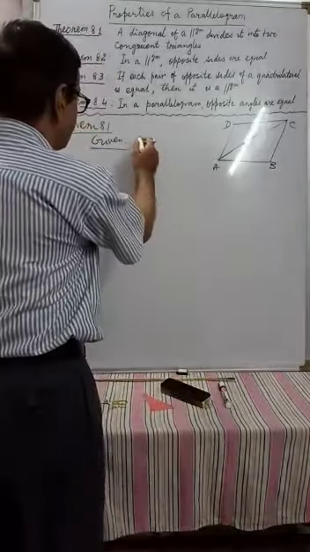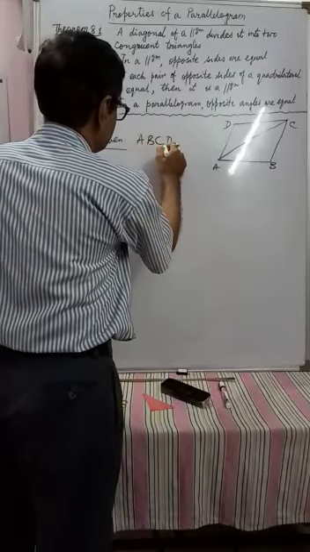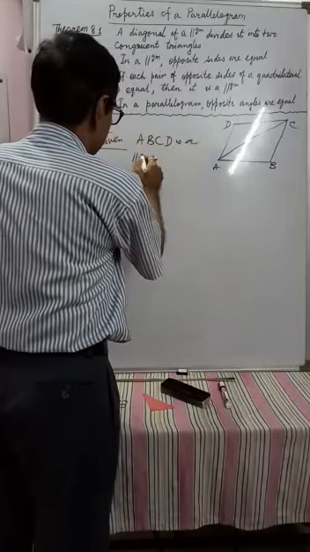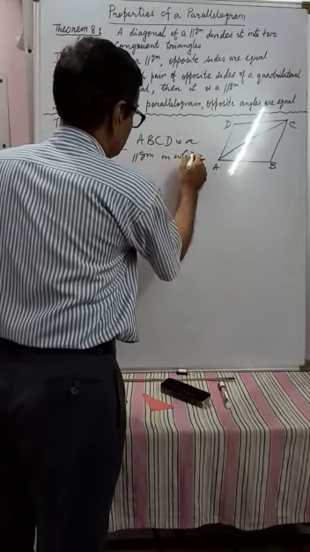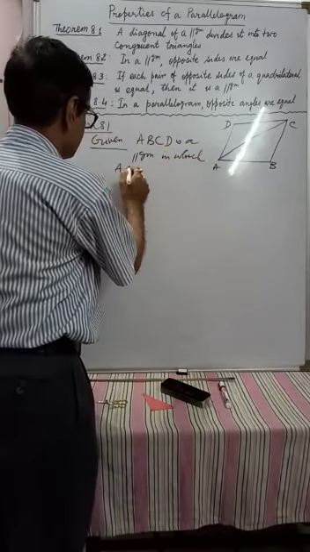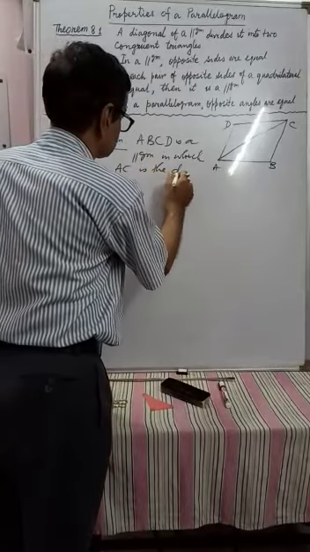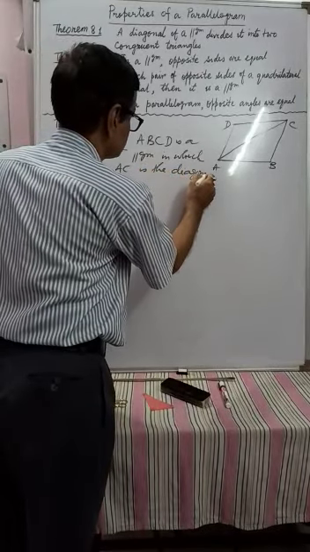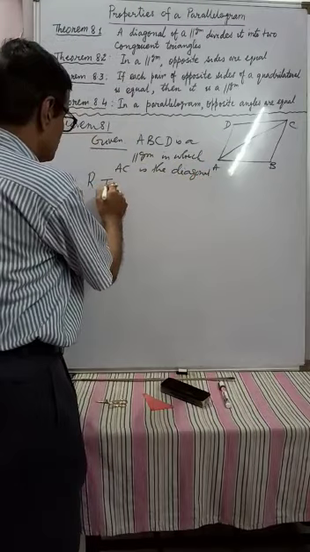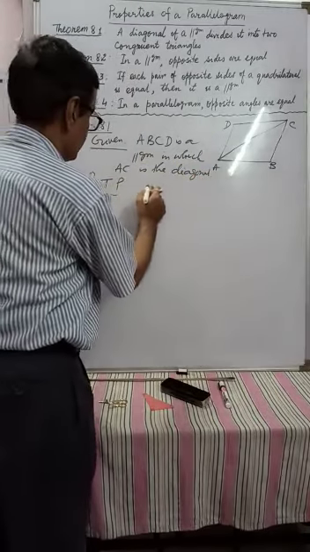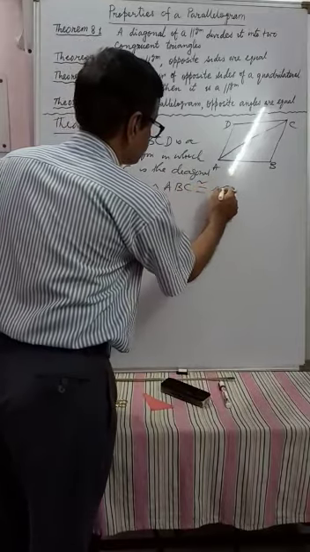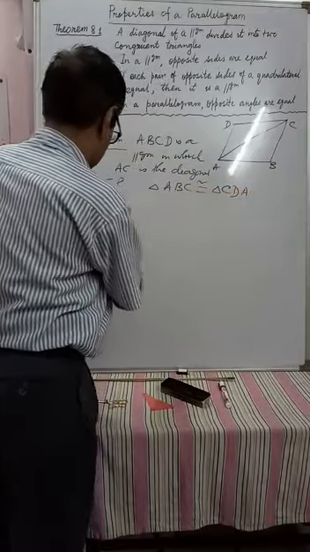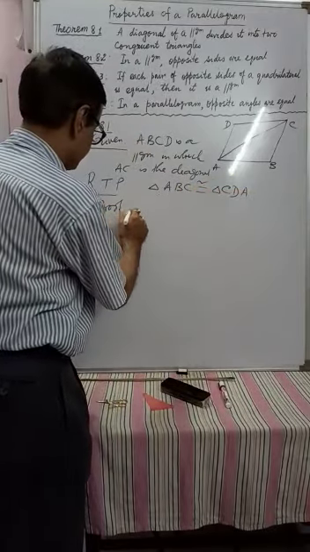Given: ABCD is a parallelogram in which AC is the diagonal. Now it is required to prove that triangle ABC is congruent to triangle CDA. Then we write the proof.